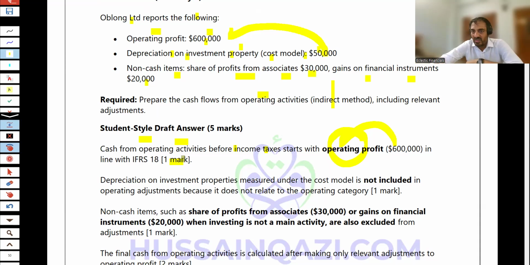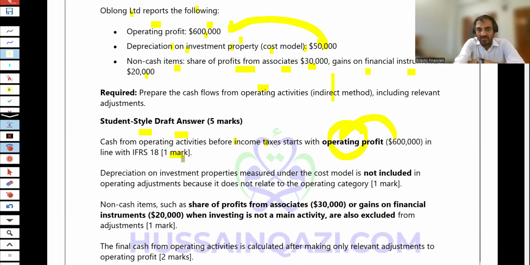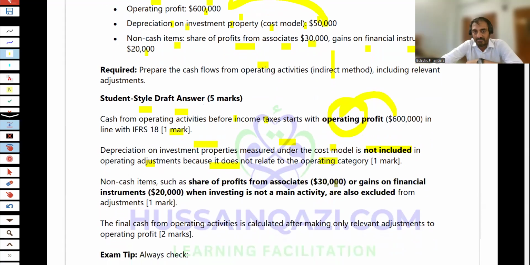From an exam point of view, you will get 1 mark. Depreciation of investment property under the cost model is not included in operating adjustment because it's not related to the operating category. Non-cash items, share of profit from associate 30,000 and gain on financial instrument 20,000, when investment is not the main activity, are also excluded from adjustment.